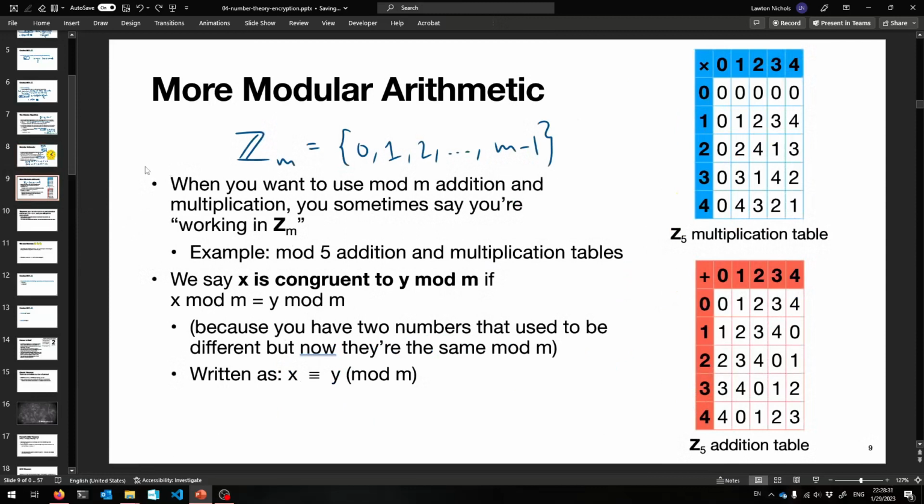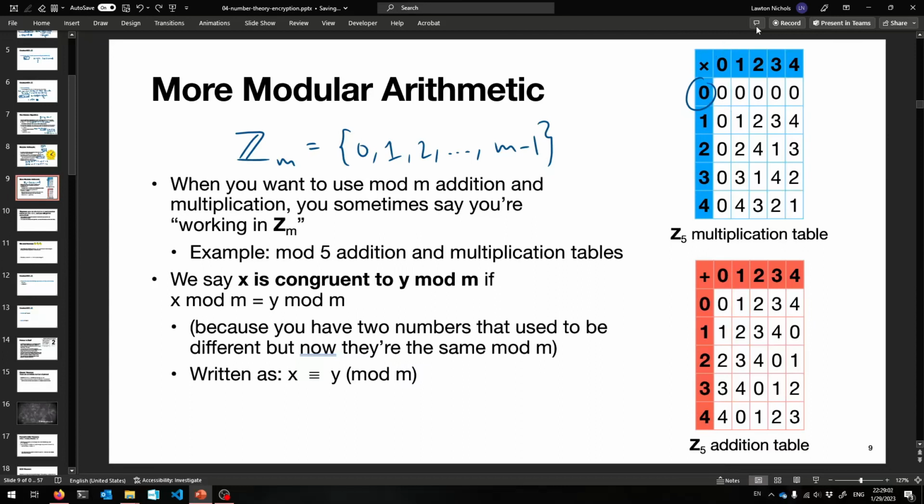For example, here are the mod 5 addition and multiplication tables. You only have 5 numbers in mod 5 land. Those are the only numbers that exist in Z5. So here's what it means to multiply them. 2 times 2 is 4, 2 times 3 is 6, but mod 5, that's 1. So they all repeat themselves. It doesn't matter if it was like 200 times 300, that would have been shrunken down to 0 times 0.